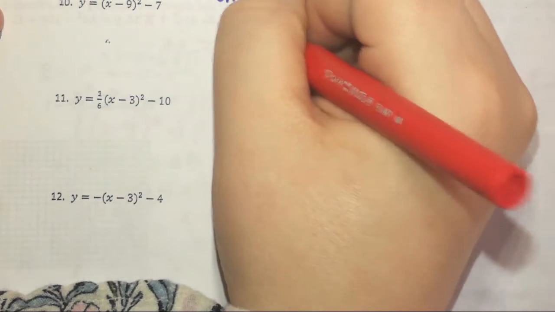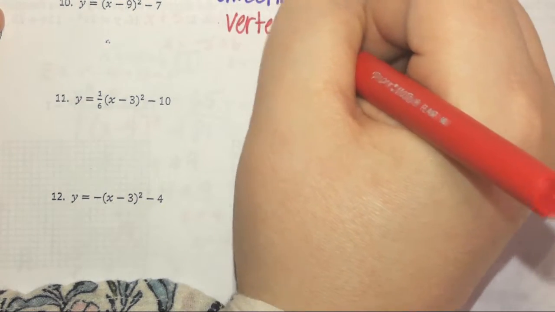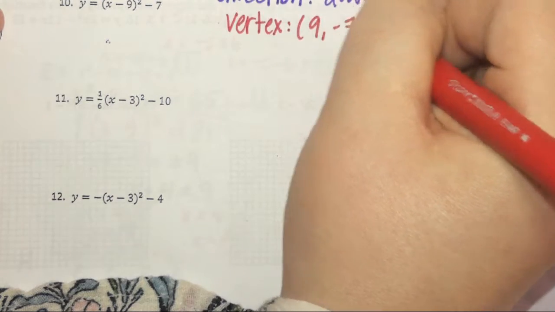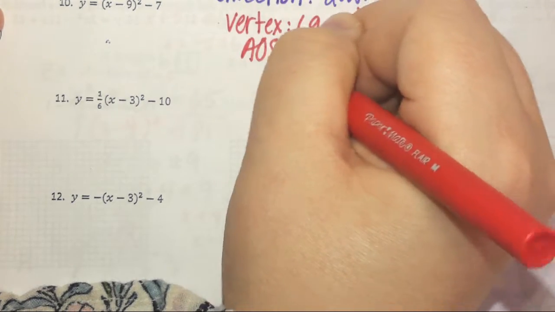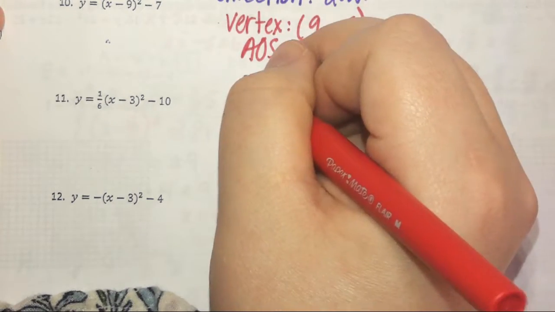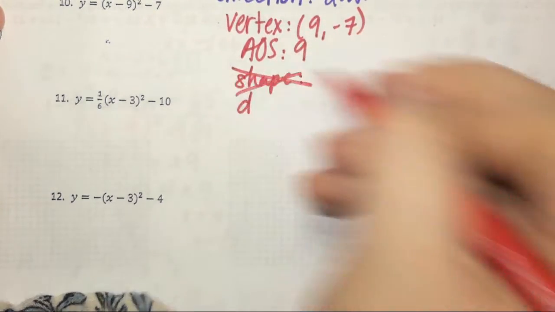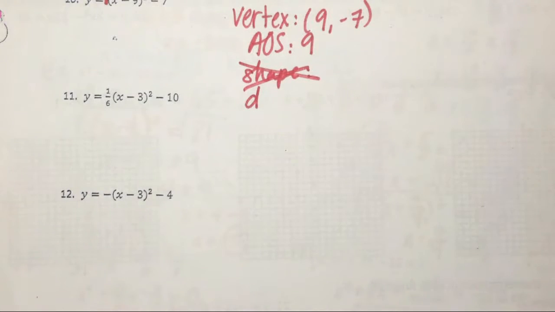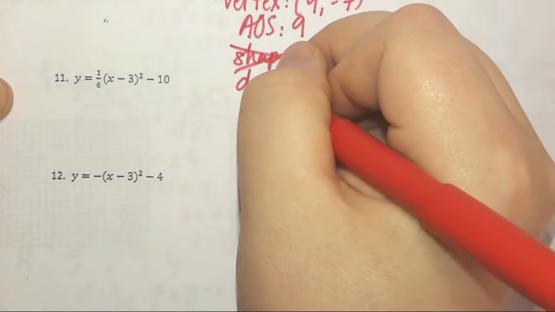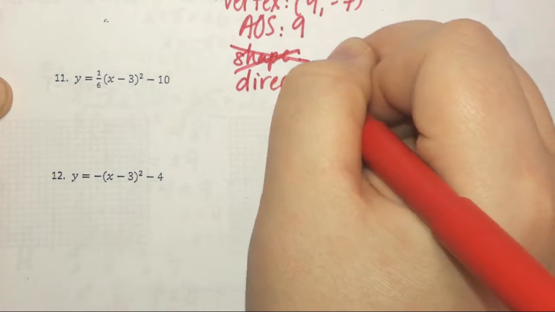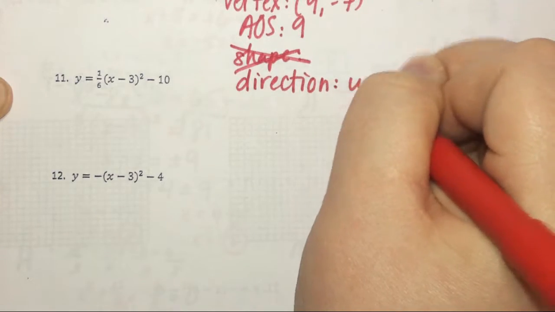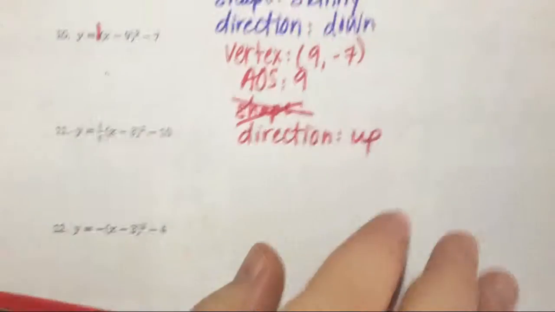Number 10, can someone tell me the vertex? Can you tell me the axis of symmetry? Can you tell me the shape? No, you don't have to, because there's a 1 out front, so we're not changing it fatter or skinnier. It's a trick question on that one. Direction. Positive 1 in front. Perfect.